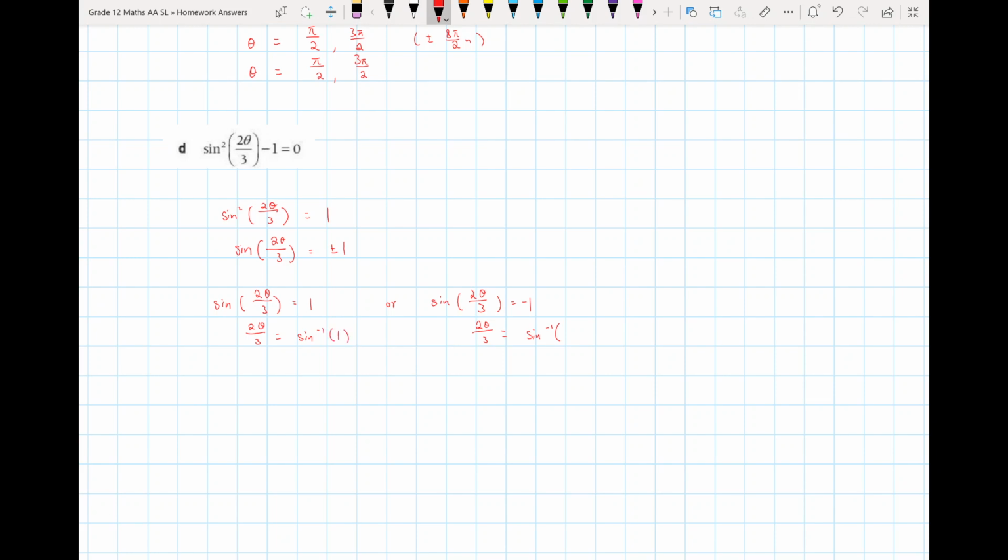So if you sketch the unit circle, when sine is negative 1, it's at this point down here. So this is at 3 pi by 2. The point is 0, negative 1 when the angle is 3 pi by 2. So for positive 1, it will be at pi by 2.